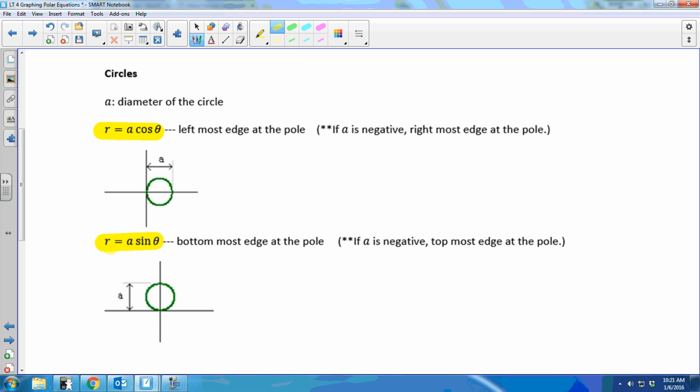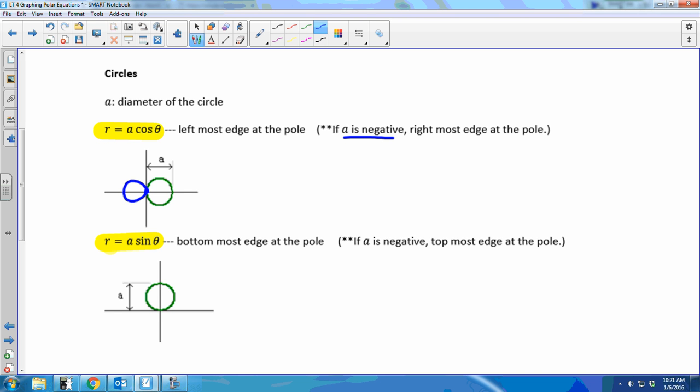So A, in this case, is the diameter of your circle, so you should know about how wide it should be. And then if you have a cosine equation, then the circle is going to have the left edge at the pole. If A happened to be negative, then it would have the right edge at the pole. I know it's a bad circle.